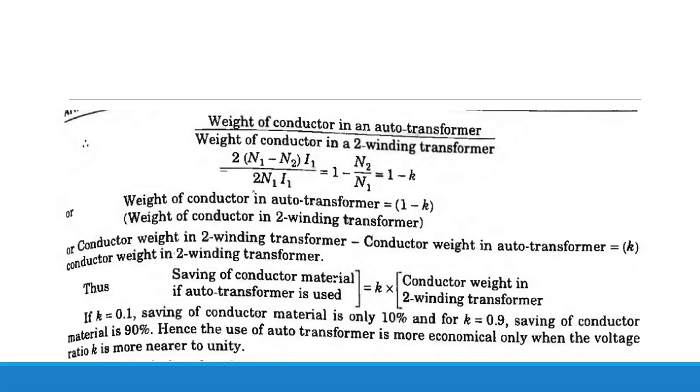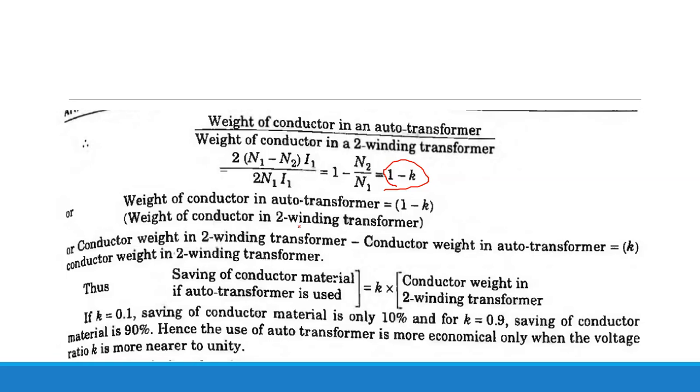After simplifying, we get 1 minus K. Or you can say the weight of conductor in an auto transformer is equal to 1 minus K multiplied by the weight of conductor in a two winding transformer. Now you can consider any value and see what exactly is happening here. K is nothing but the transformation ratio.